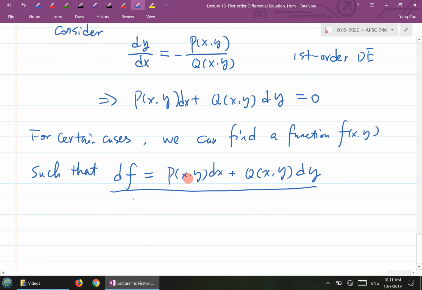So basically, if we can find a function f such that its total differential equals this whole thing, which basically means what? What is the function p? Function p, according to the total differential formula, is partial f, partial x. What is the function q? Partial f, partial y.